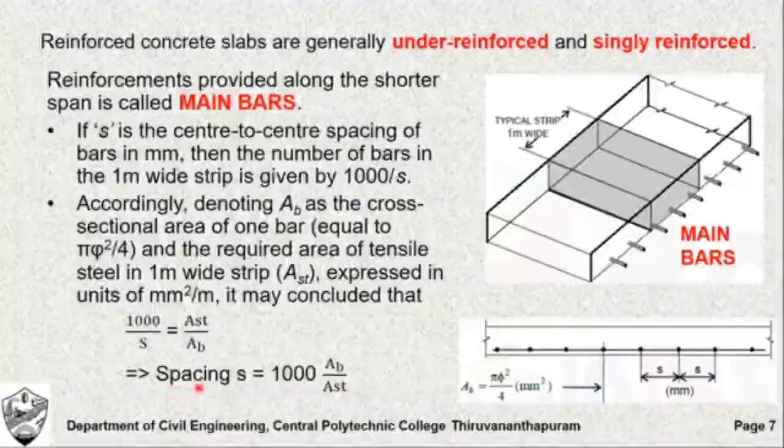Here you need to keep in mind that the spacing S is expressed in millimeter. S is in millimeter, so everything else should also be expressed in millimeter. In order to determine the spacing, if you know the cross-sectional area of one bar and you determine Ast for this 1 meter wide strip of beam, then you can easily determine the spacing. S is equal to 1000 into Ab by Ast.